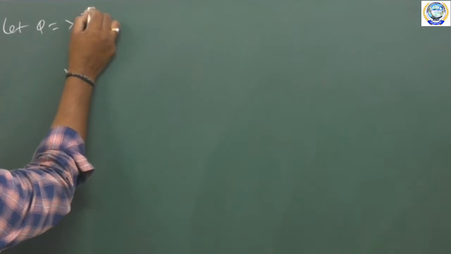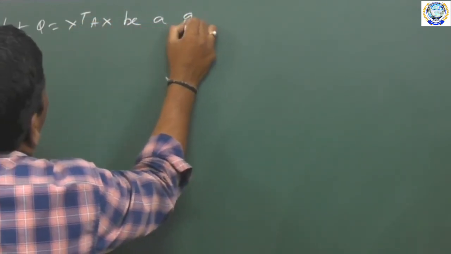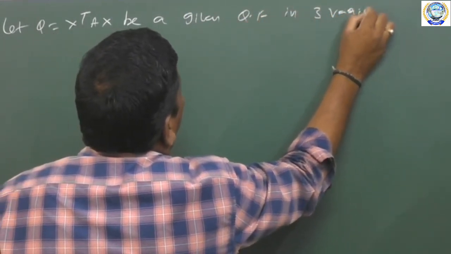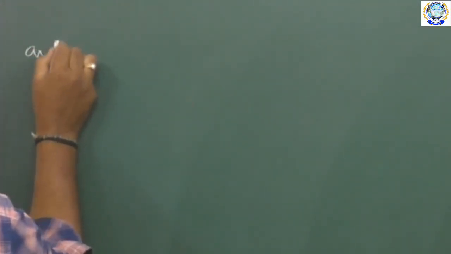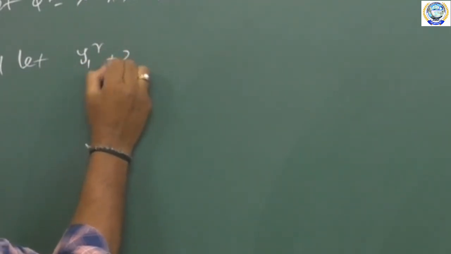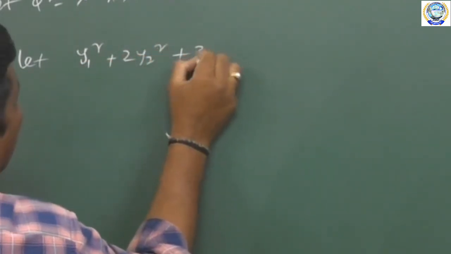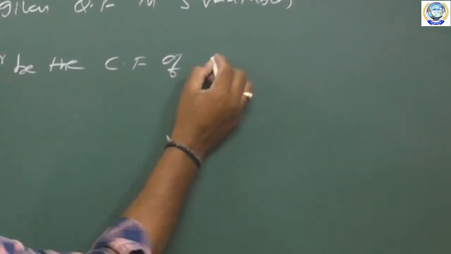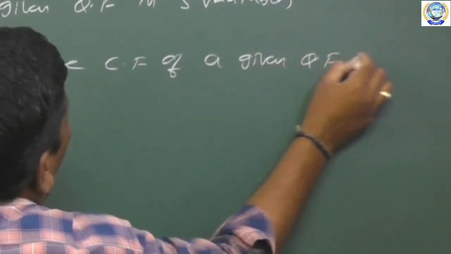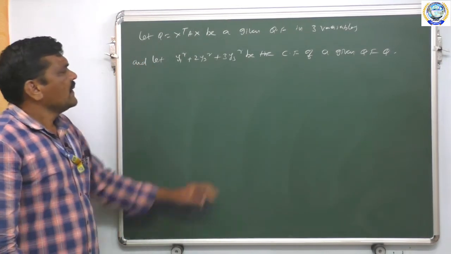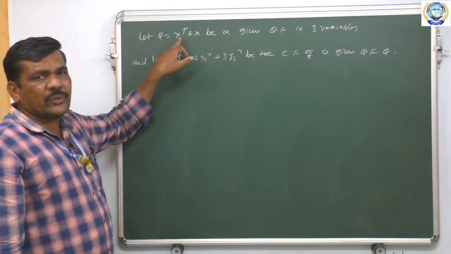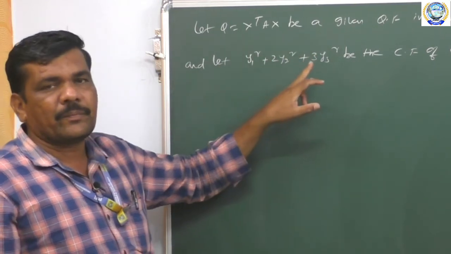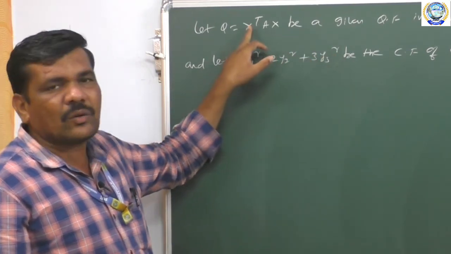Let Q equal to x transpose A x be a given quadratic form in 3 variables, and let y1 square plus 2y2 square plus 3y3 square be the canonical form of the given quadratic form Q. This is the canonical form, since it contains only square coefficients.